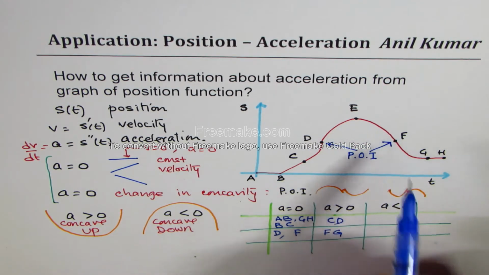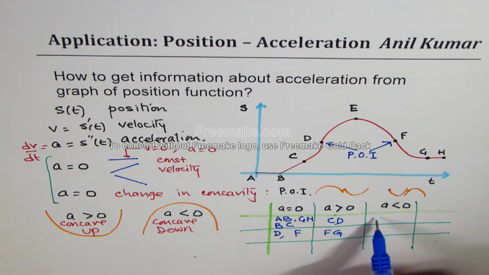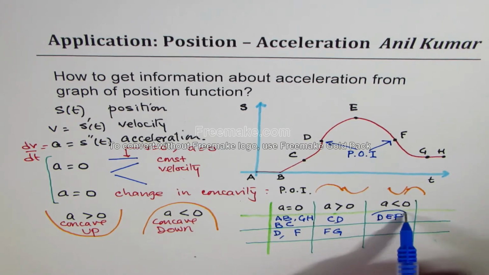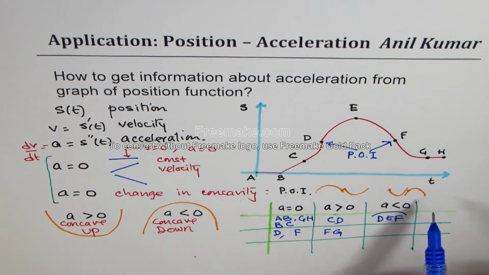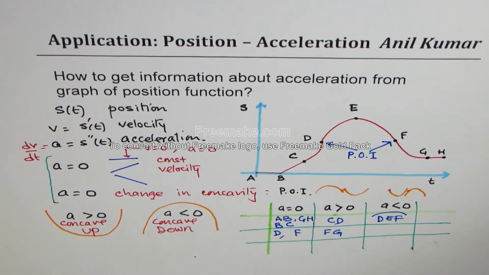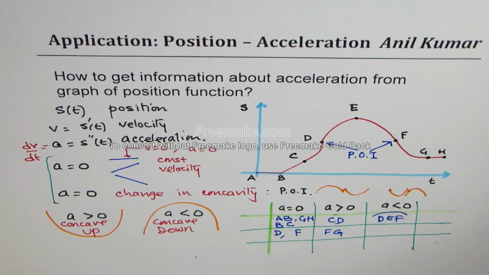It is concave down, where acceleration should be negative. So we'll write this as DEF. Let me write this as an arc. DEF, acceleration is down, correct? So that is how we could quickly get to the result. What happens to acceleration on this position-time graph? Is that okay? Right. So I hope you understand this part.